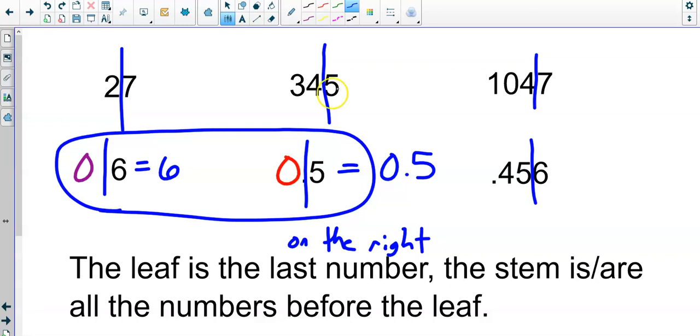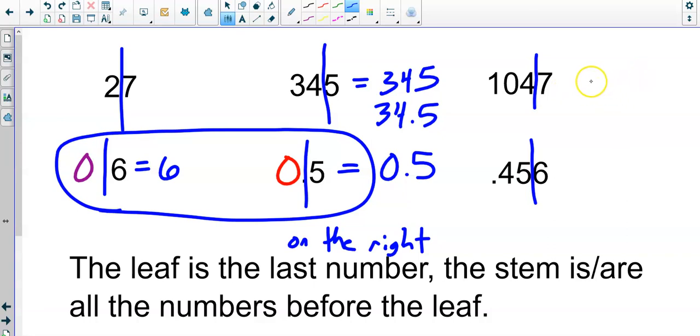And the same thing up here. Without the key telling us that this is 345, if I didn't have a key, well, what if this was supposed to be 34.5? The key tells us how to interpret the numbers on the stem and leaf. And the same thing in here. The key will tell us that this is 1047.